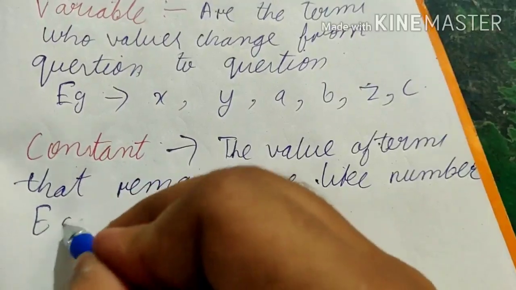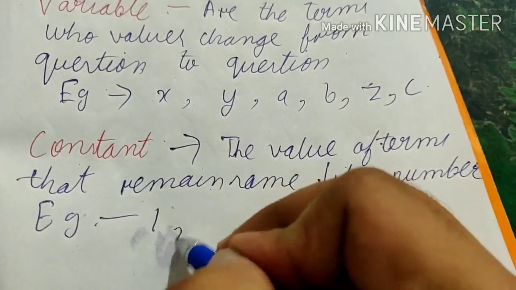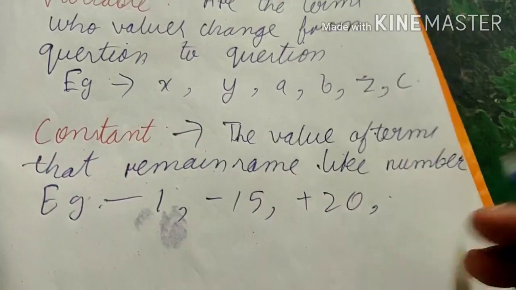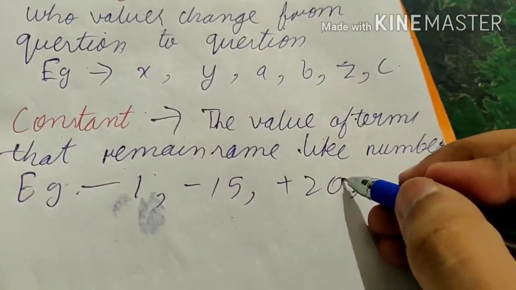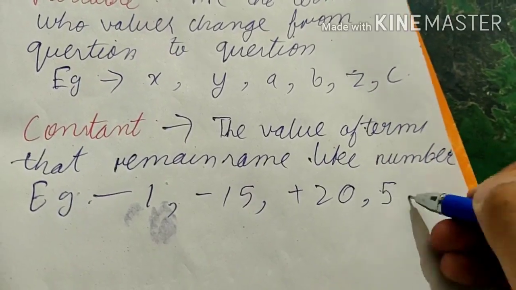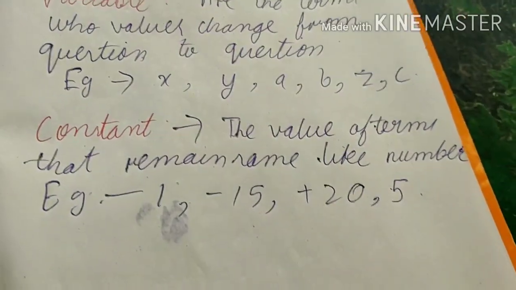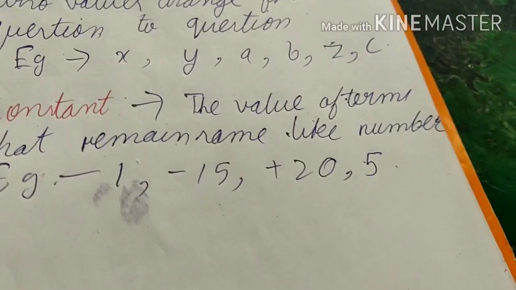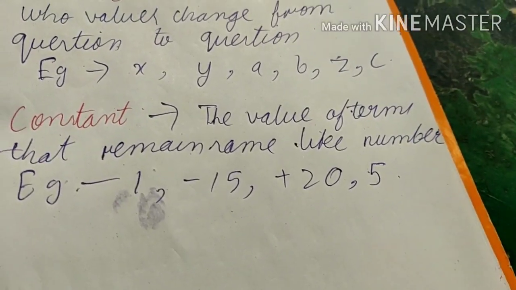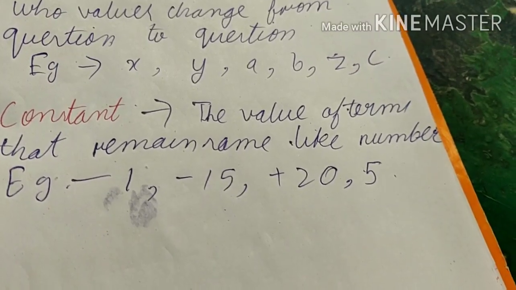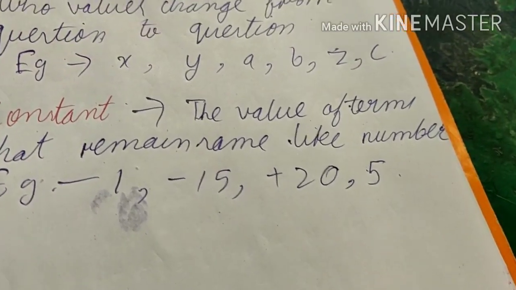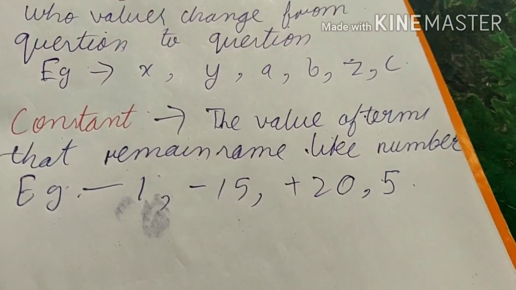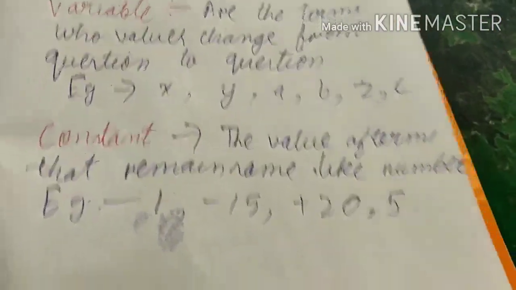Its examples are 1, minus 15, plus 20, means the numbers. These are called constant. Numbers are called constant, that whose values cannot be changed. If in a question it is written minus 20 and in another question it is also written minus 20, then these are the same values. It doesn't mean that they are different. The value of minus 20 will remain the same. Okay, these are variables and constant.